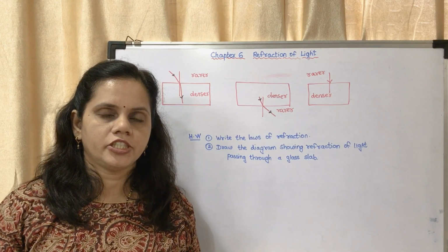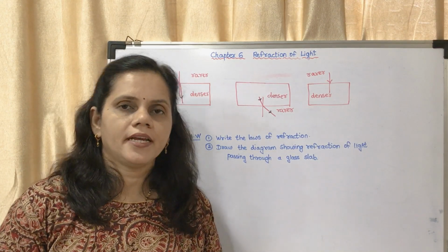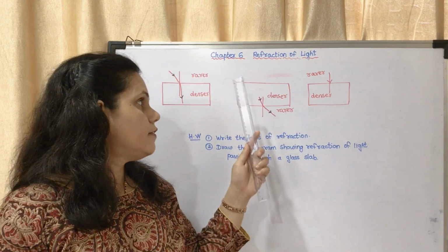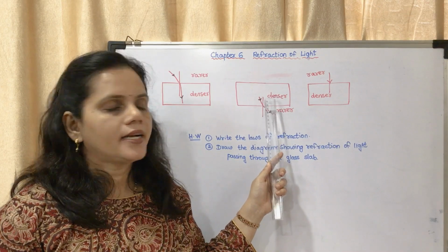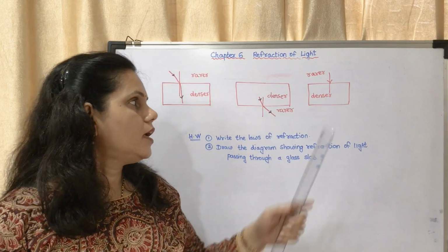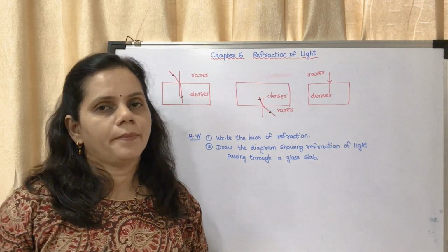These are the three conditions. I repeat, when the ray of light passes from a rarer medium to a denser medium, it bends towards the normal. When it passes from a denser medium to a rarer medium, it bends away from the normal. If the ray of light is perpendicular, then it does not bend.